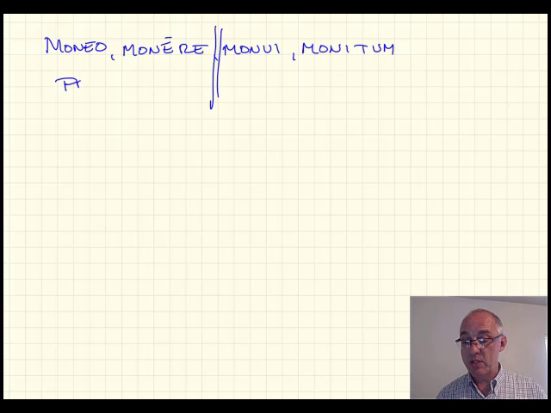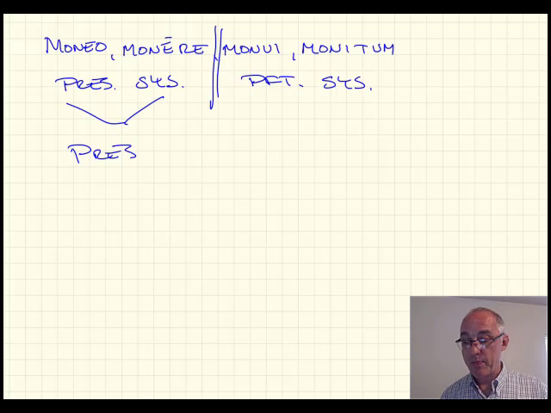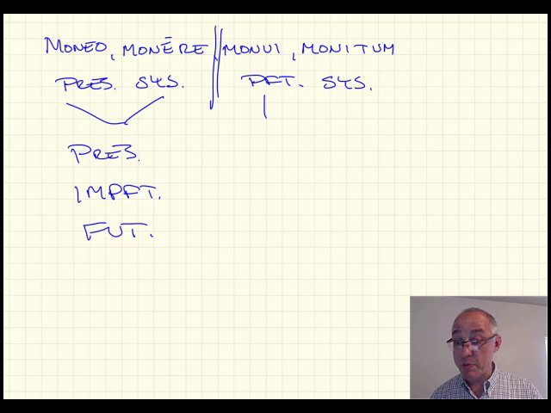This is the present system. This is the perfect system. In other words, the first two principal parts are going to be the present tense, the imperfect tense, or the future tense. In the perfect system, the third principal part is for active, and the fourth principal part is for passive.